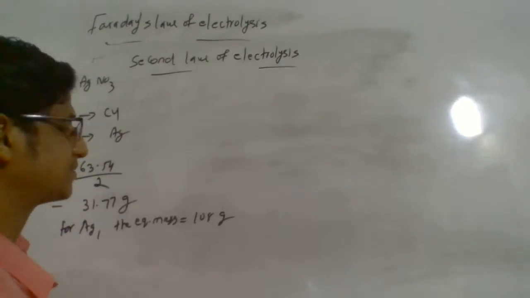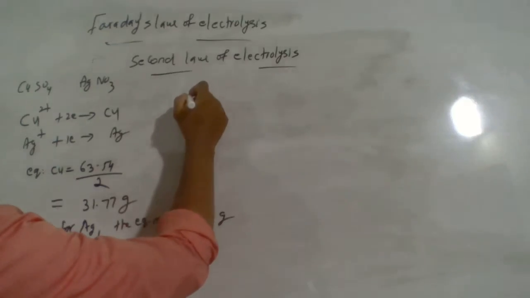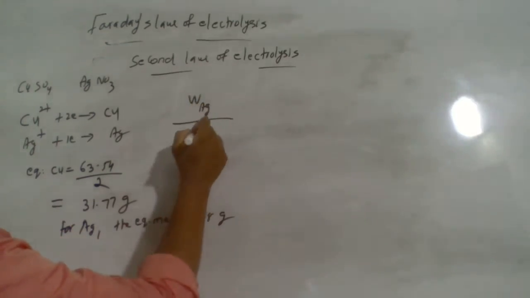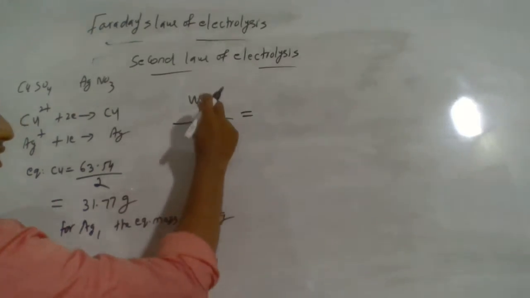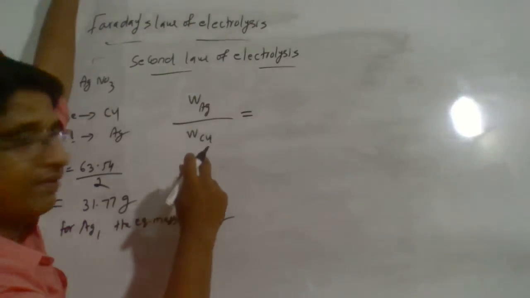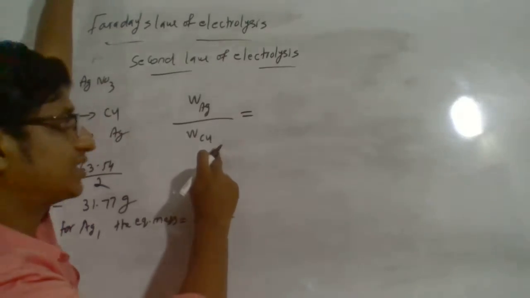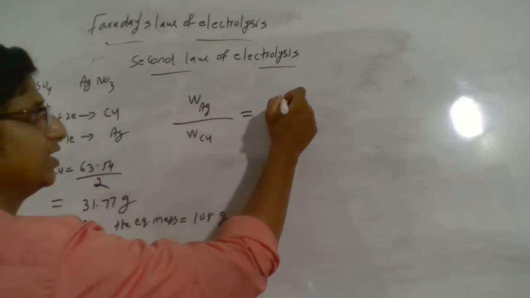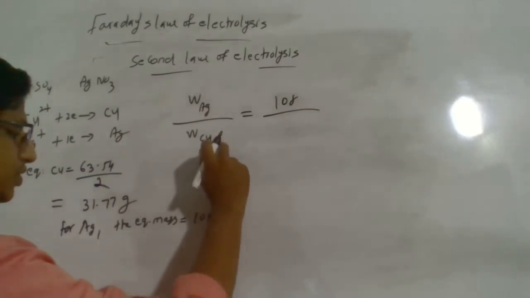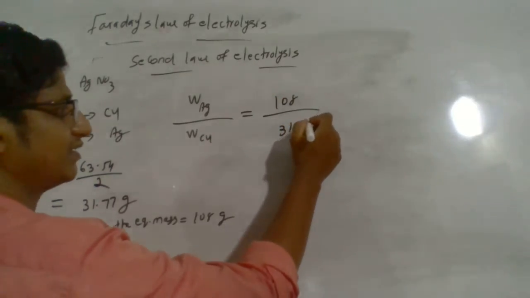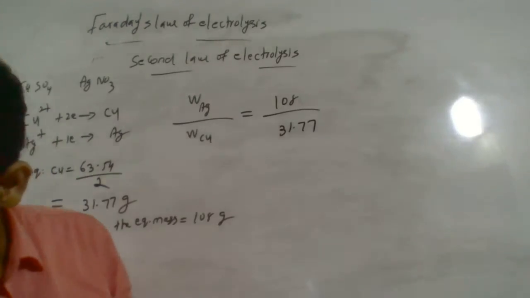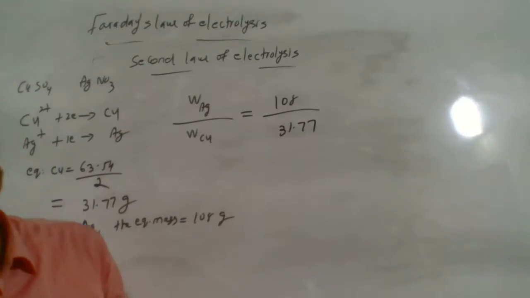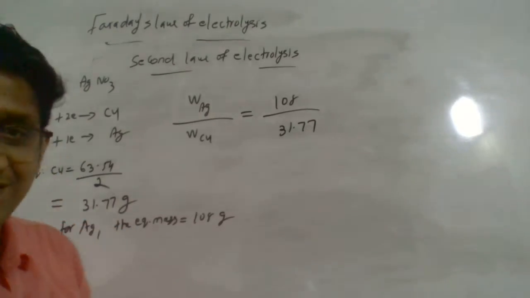The mass of silver deposited divided by the mass of copper deposited, WAg divided by WCu, is proportional to the equivalent masses: the equivalent mass of silver is 108 and the equivalent mass of copper is 31.77 grams. That's the way you can find a relationship between these two.